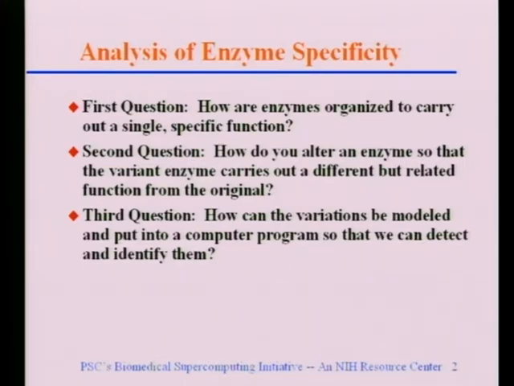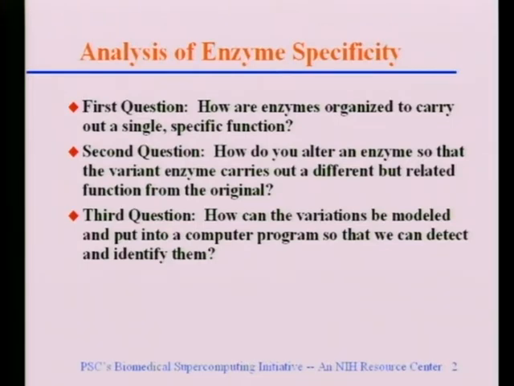That's how do you alter an enzyme so that it carries out a related function that's however distinctly different. And in this case, we're talking about different classes of substrates. And we're going to try to answer this question using computational techniques.